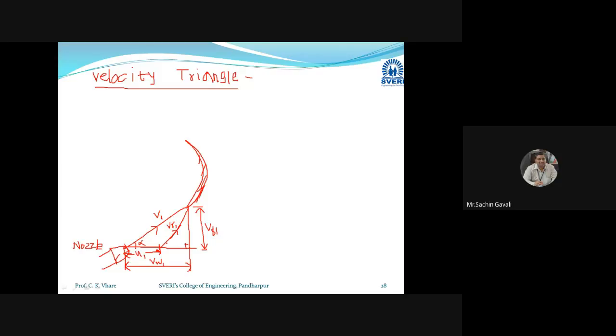Let us consider theta as the angle of VR1 with respect to the horizontal. Everybody understand this inlet velocity triangle? Because the nozzle is at the inlet, this is called the inlet velocity triangle.